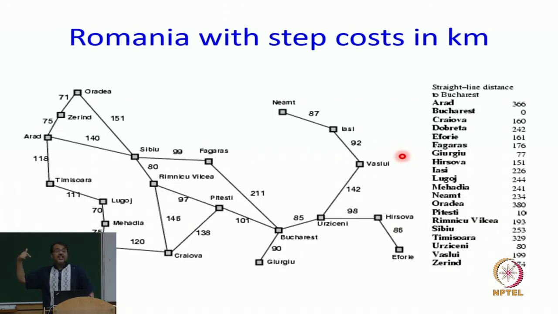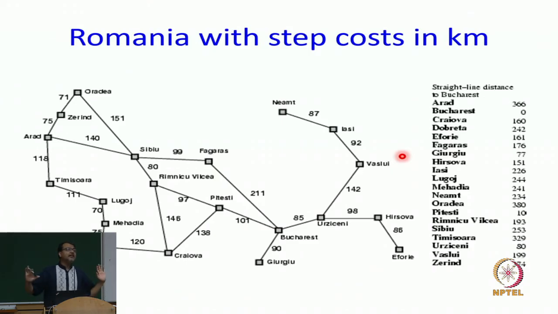And as we keep going from Iasi to Nyamt to Iasi to Nyamt, we are increasing the cost of the current path, but we are ignoring the cost of the current path and only looking myopically at the extra cost to the goal, which is what we are taking the minimum over, and that is not ideal.